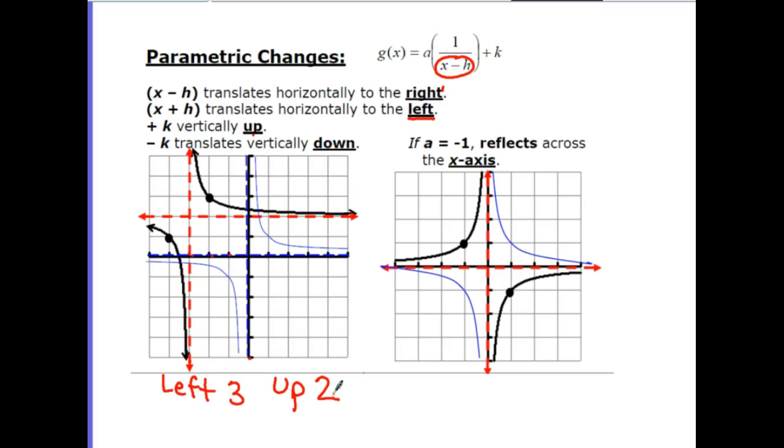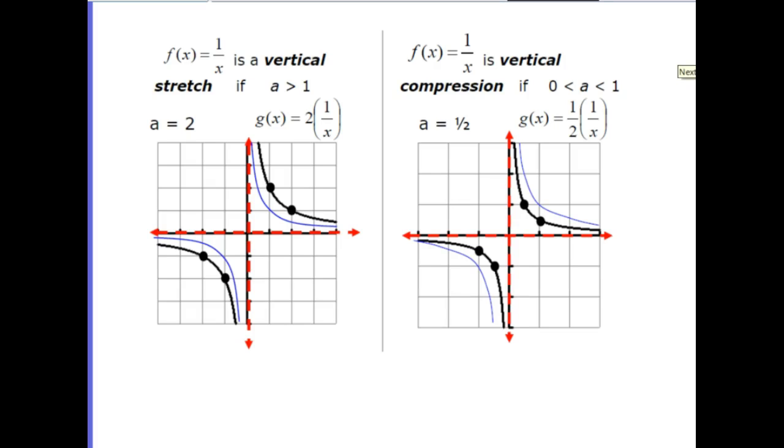This graph right here, the one in blue, is the parent graph, and so you can see that this has been flipped across the x-axis and it's flipped upside down. Now I have drawn in for you in this light blue the parent graph. So what's happened between this parent graph and that graph right there?